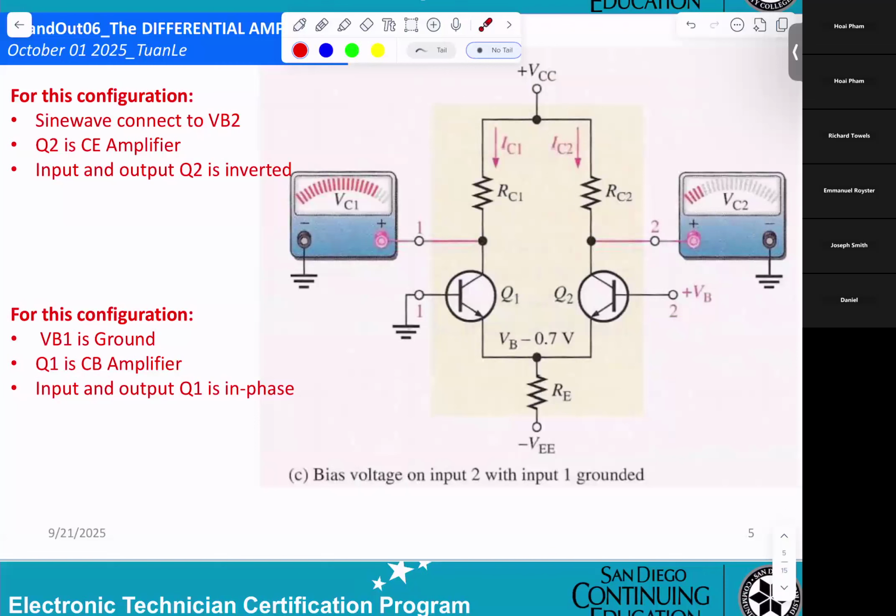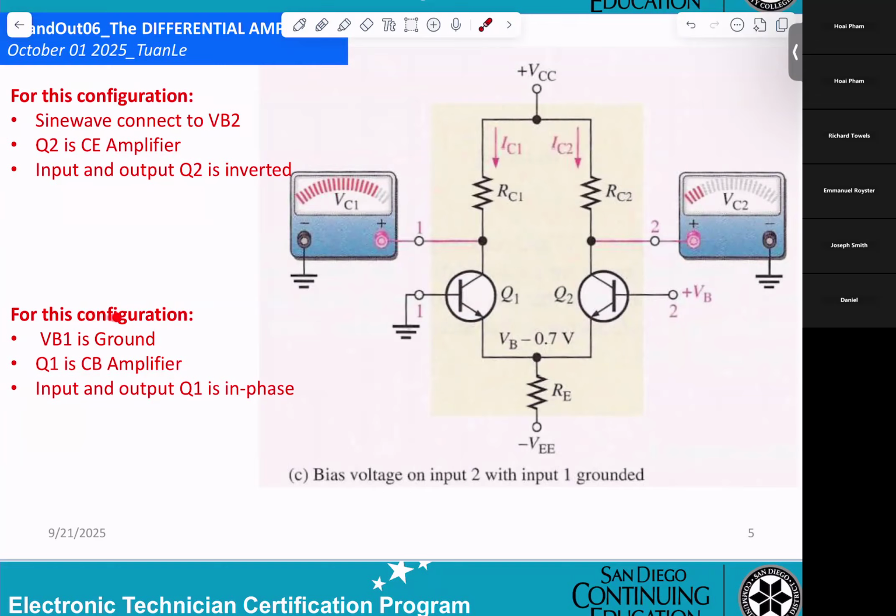And now what happens here? For this configuration, the signal connects to VB2. So now they ground that one, and connect into Q2. Now Q2 will be a CE amplifier. Input and output of Q2 are inverted; they will be opposite.